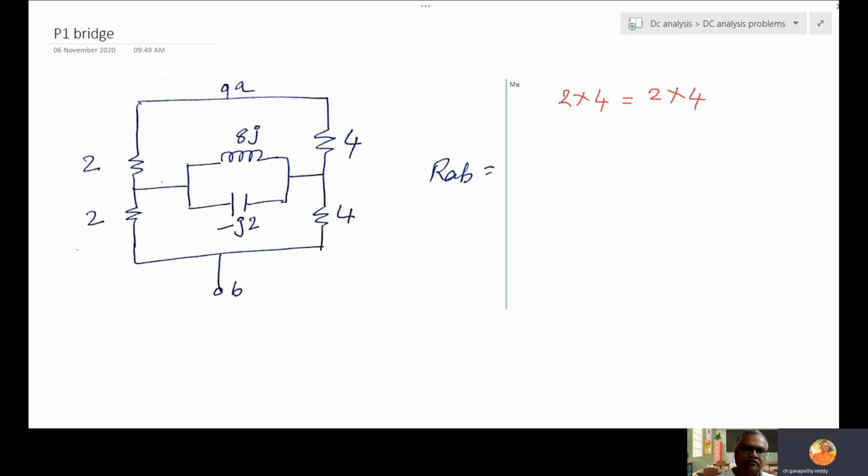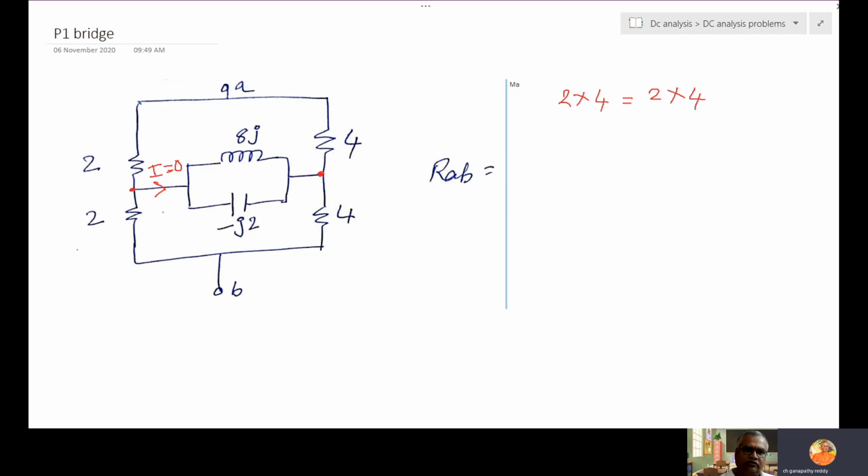When the bridge is balanced, what is the current here? The current here will be 0. So the voltage at this node is equal: if here it is 5 volts, here also 5 volts. So the potential difference is 0, therefore the current is 0.